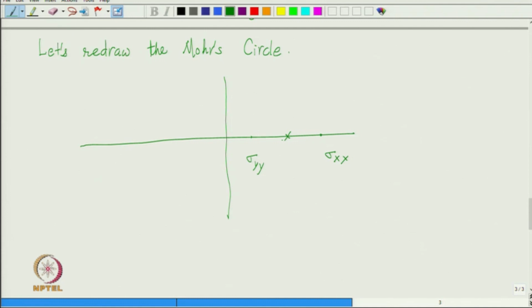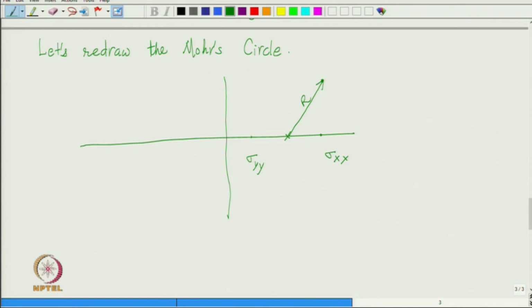Then draw the point for the E1 plane: sigma x x and tau x y. Join center and E1 point, that is the radius. With center and radius known, draw the circle.